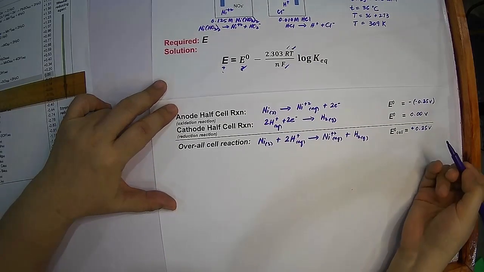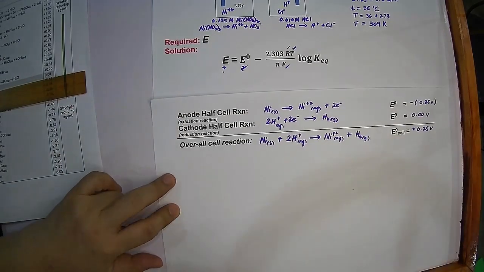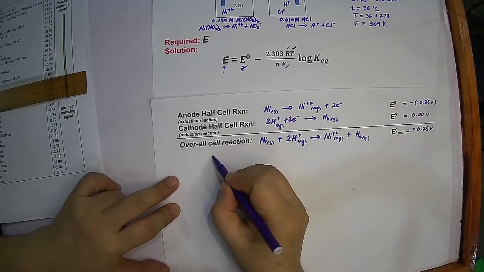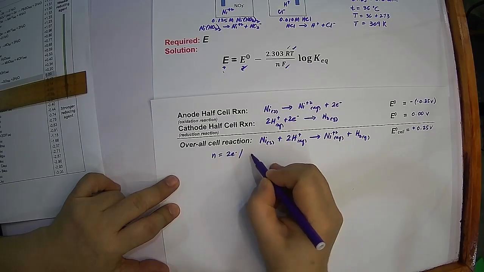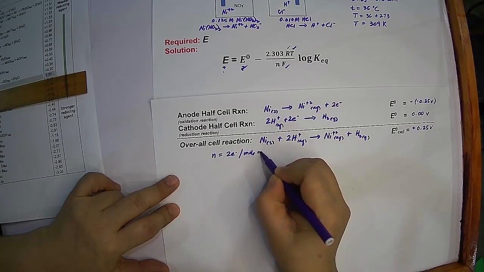Okay, so your n is 2 electrons per mole of reaction.